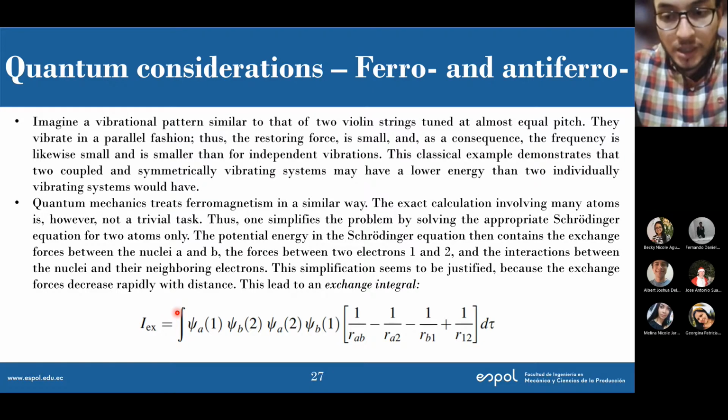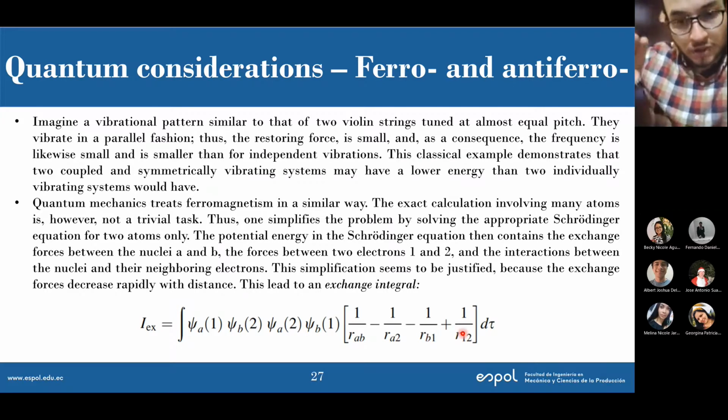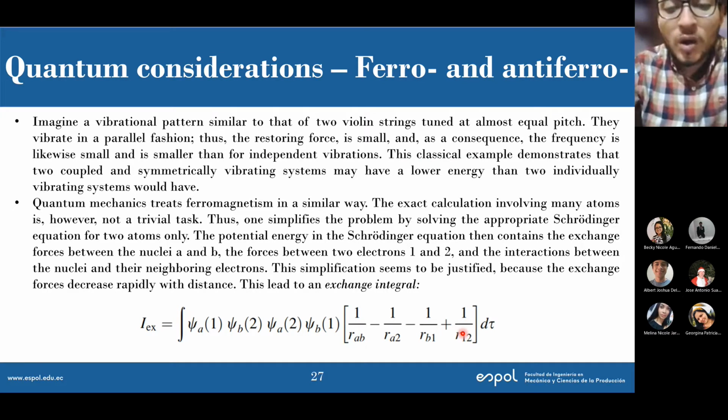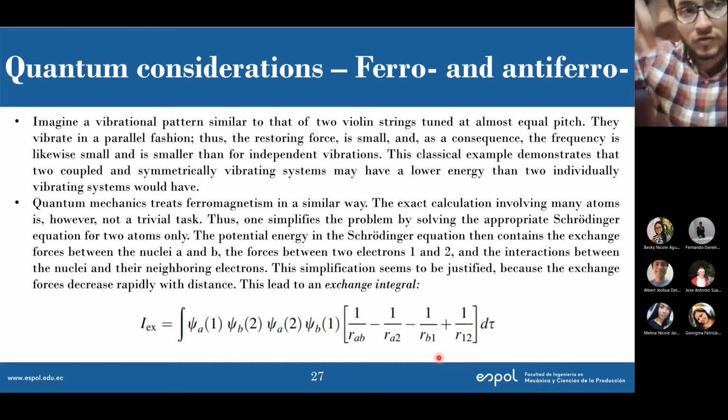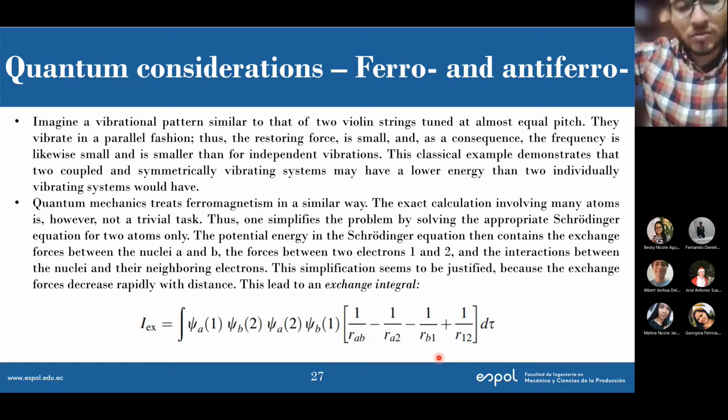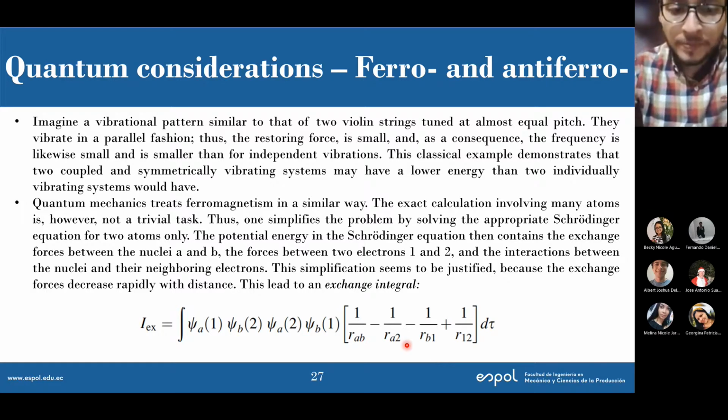If I have either a small distance between the electrons, which is equivalent to having a small radius of orbit, so electrons are close to each other, or if I have a very large distance between the nuclei and the neighboring atom, that will lead me to a positive exchange integral.